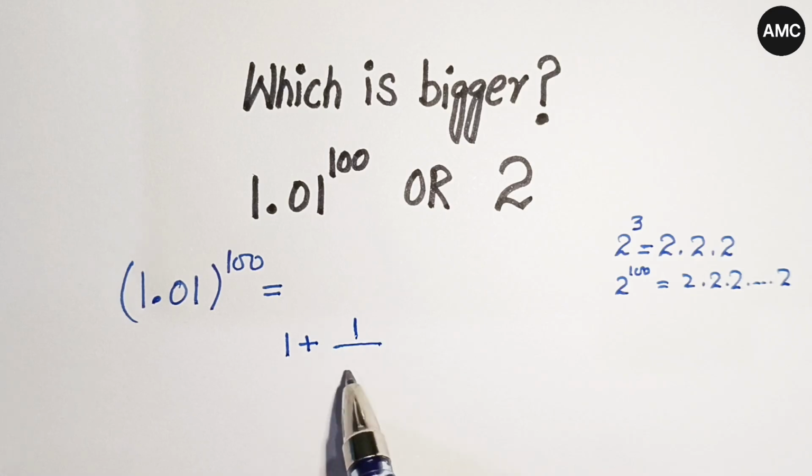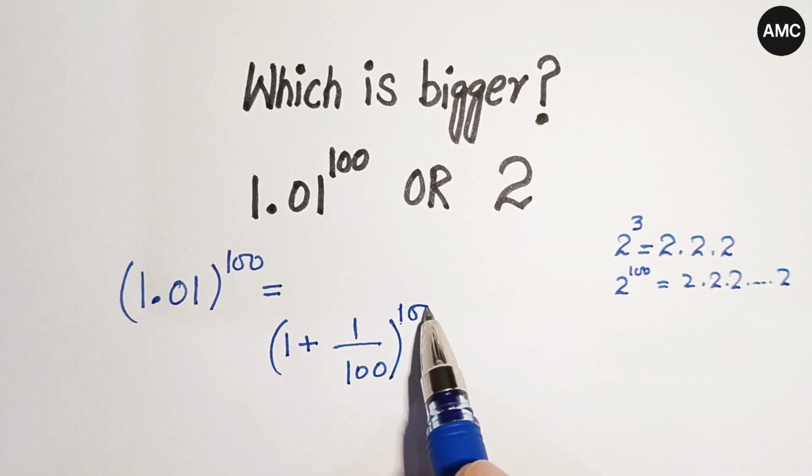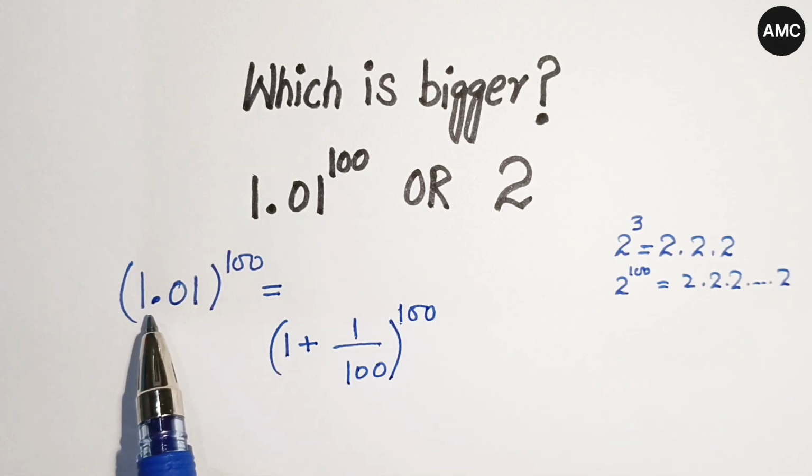1 plus 1 over 100 whole to the power 100. It is equal to 1.01 whole to the power 100.